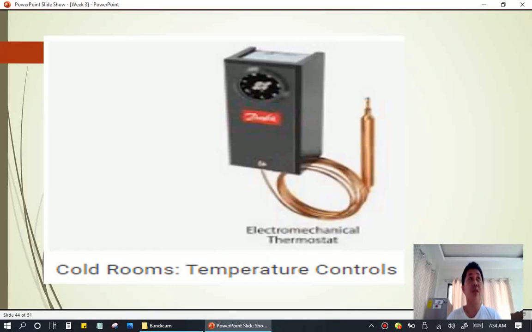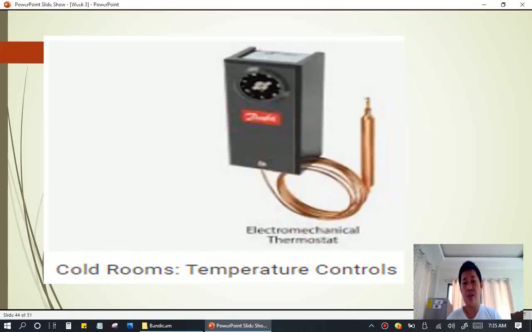when this is heated or the temperature changes here, this fluid inside will either expand or shrink. So it can activate the mercury here inside, and the mercury will expand or shrink inside here in the bimetal strip.